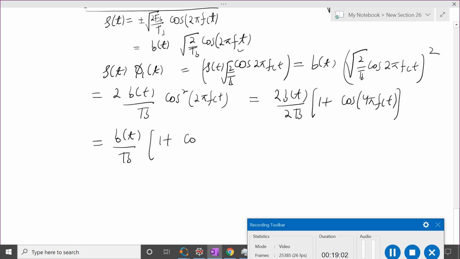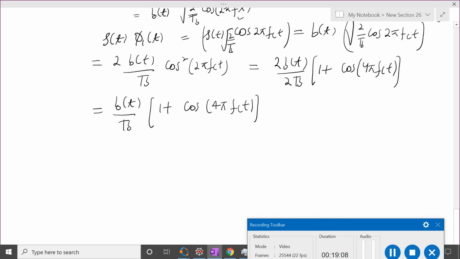If you look at it closely, there are two terms: B of t over TB plus B of t cos 4 pi FCT over TB.